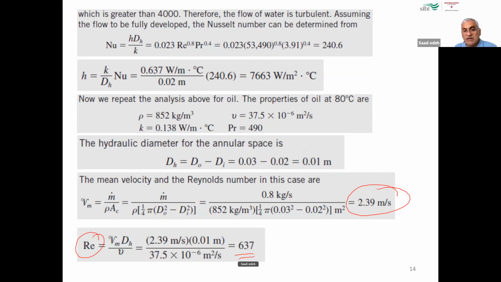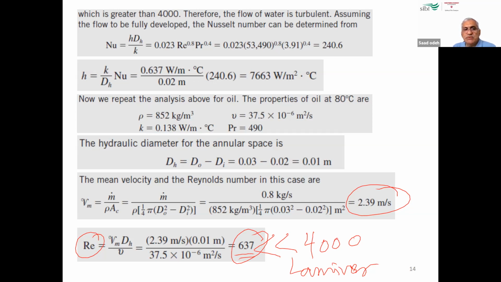and you can see that Re of the oil is very small. It's much smaller than the 4,000. Then this is laminar flow. And you can see here the value of Re is quite small because oil actually has high viscosity. It's a thick fluid, and because of this we expect that the speed is lower.